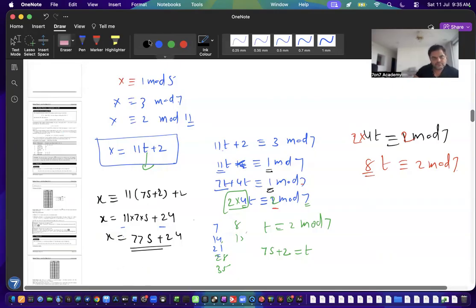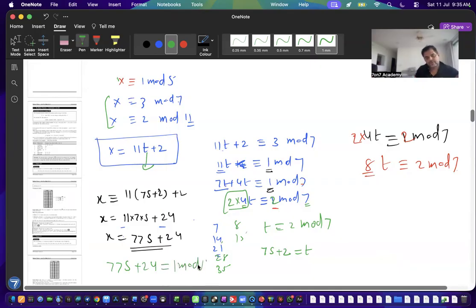Or you're placing it in which one? So you do 77s plus 24 congruent to 1 mod 5. Here we used both; this one we didn't use. So we have to place it here. So if I place it here, what will I get? 77s plus 24 is equal to 1 mod 5.